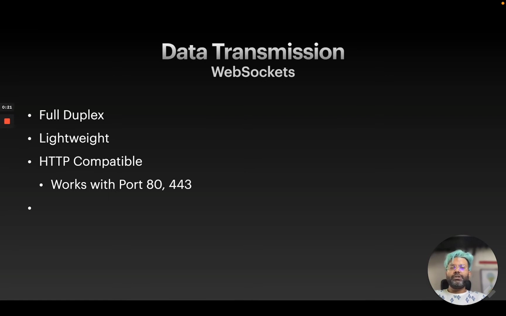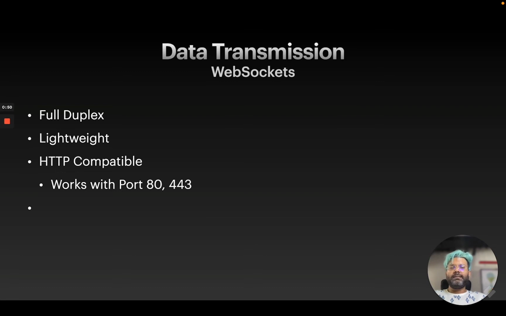In traditional HTTP requests, HTTP is a protocol that is used by web servers and web browsers to communicate with each other. So when you write HTTP or HTTPS, this is a protocol that we are talking about here. HTTP is a half duplex protocol, and it is also based on top of TCP, which is a connection oriented protocol.